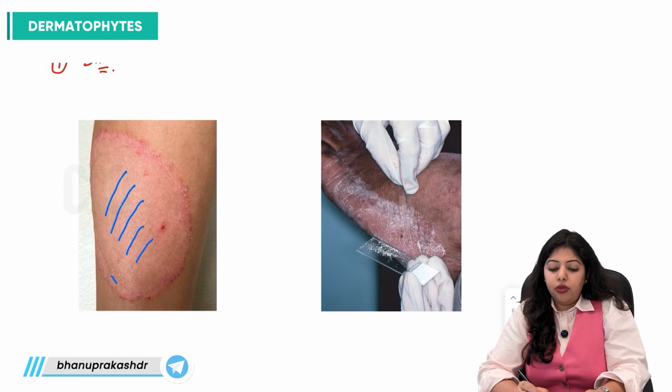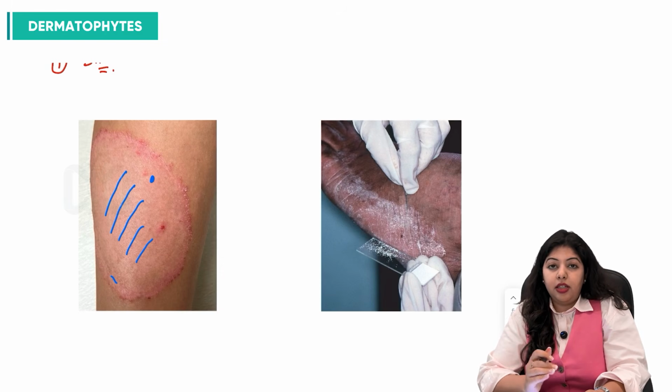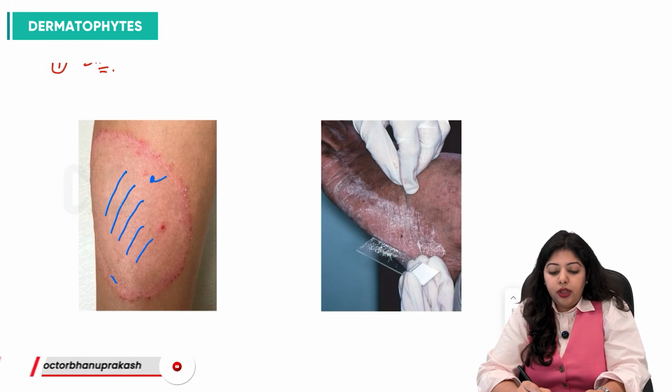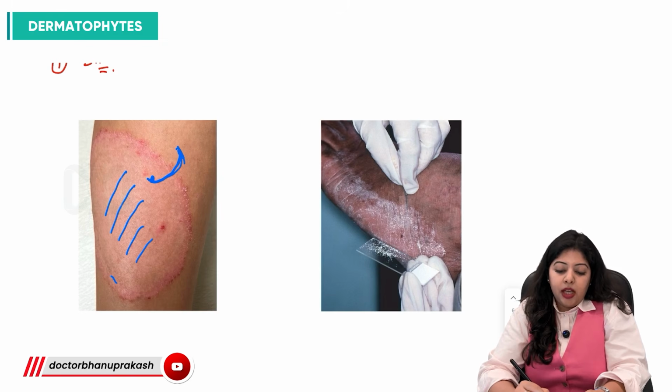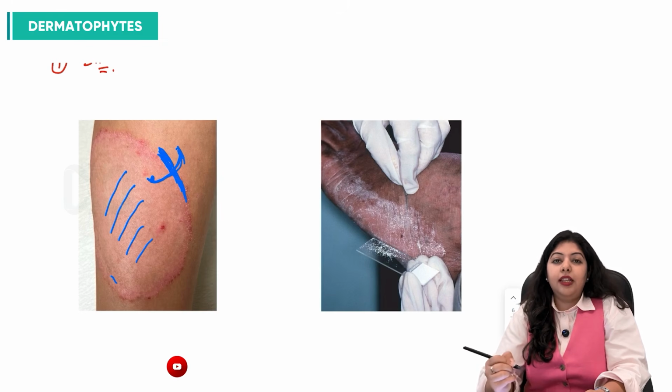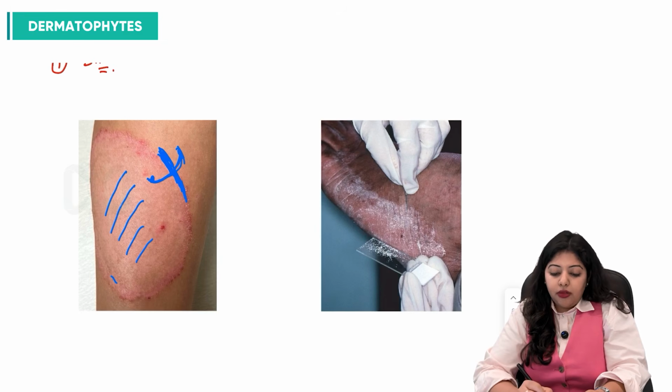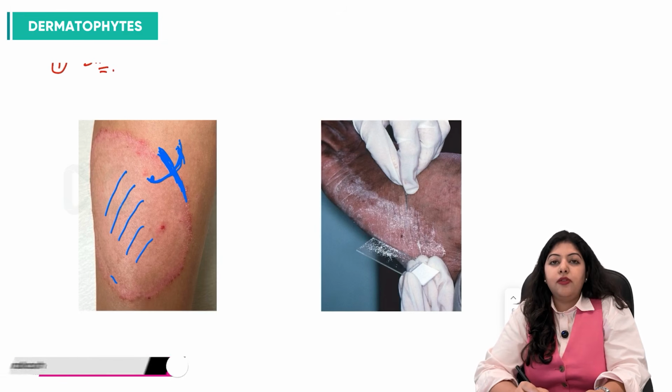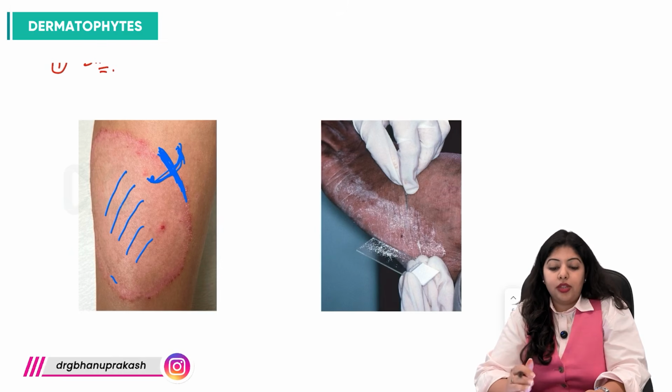And how are we going to do skin scraping? We'll start from the center and we will move towards the margin of the lesion, and we will be crossing this margin, this edge, or these elevated sections. So we'll start from the center, we'll cross the edge, and we'll move towards the outer side. So this is how we take the skin scrapings from such kind of lesions.